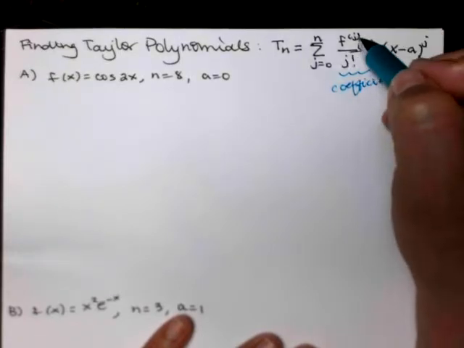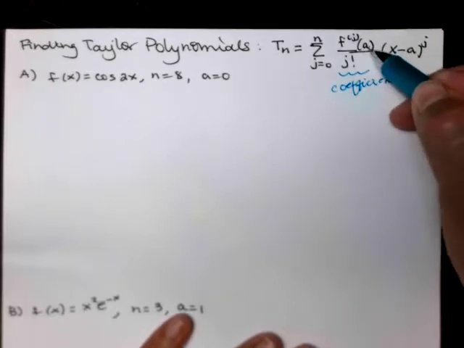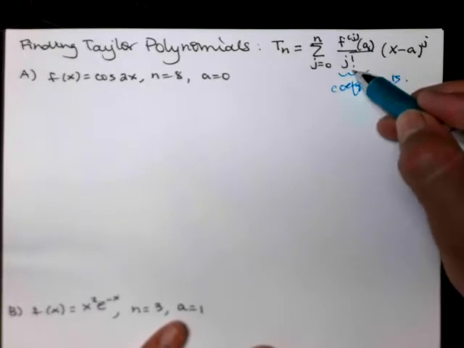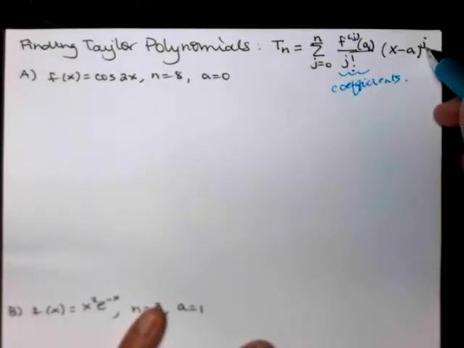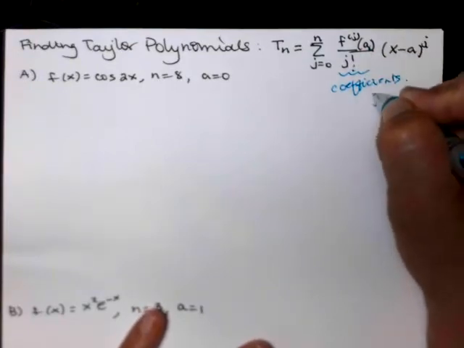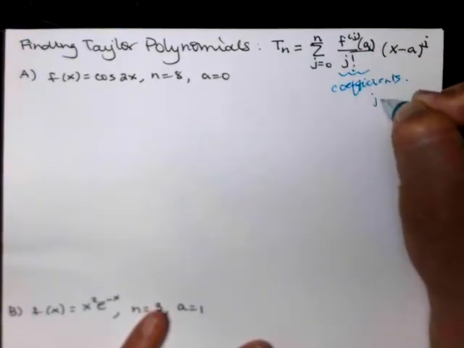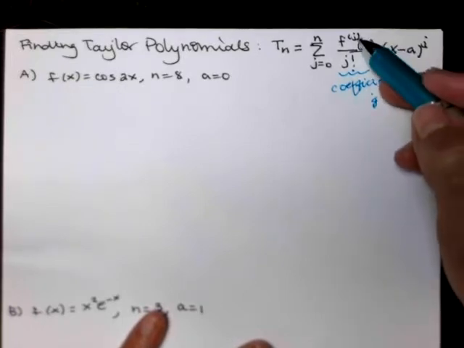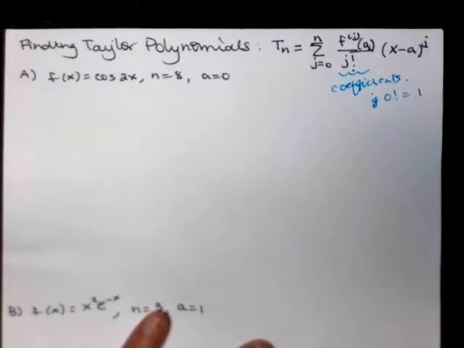It's the jth derivative evaluated at the value a divided by j factorial times x minus a to the jth power. So we say this is centered at a. Remember, 0 factorial is 1, and the 0th derivative just means the function itself.